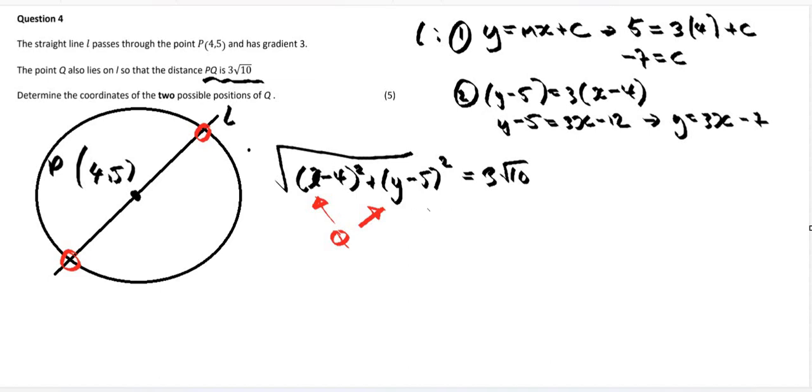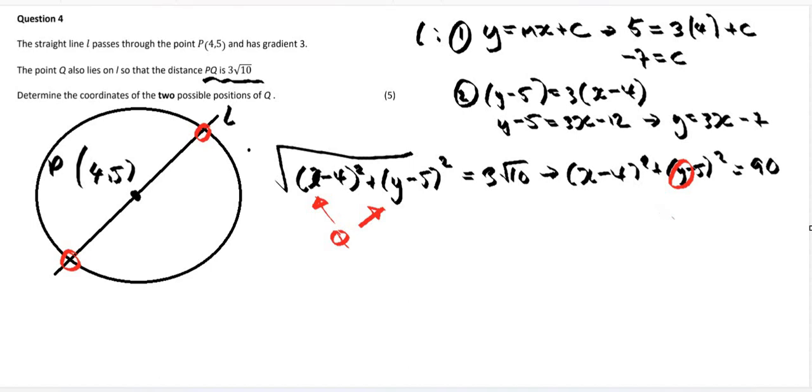So now I've got that. I'm going to try and solve it. So what have I got to do? Well, this is all square rooted, so I'm going to square it. So now I've got that x minus 4 squared plus y minus 5 squared is equal to 90. Okay, because 3 3s are 9, square root of 10 times square root of 10 is 10, so 90. Now I've got an x and a y, which I can't solve because there's two unknowns, but I do have y stated in terms of x.